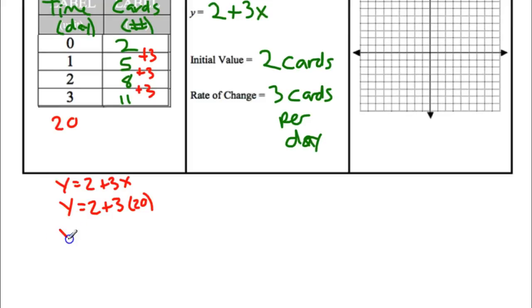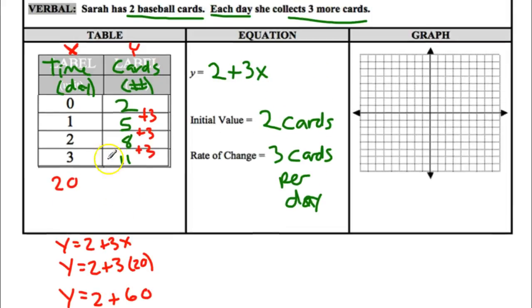Now I need to simplify. I need to multiply before I add. So 3 times 20 is 60, and then I have the 2 over there. And lastly, I just add: y equals 62. So if I had 20 days, Sarah would end up with 62 cards. Perfect. So you can really get the answer for any amount of days.